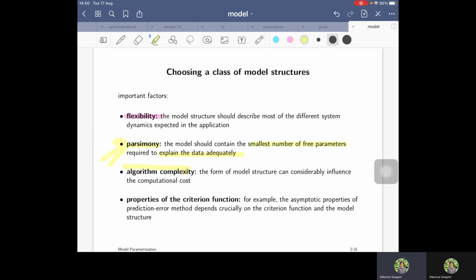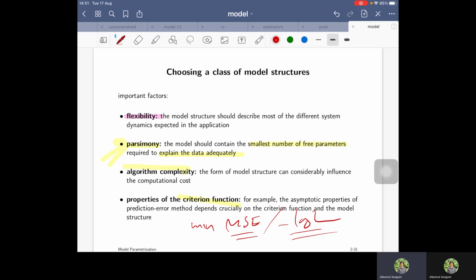When you choose the estimation method, that plays a big role in your estimation problem. The criterion function is where you examine whether your model is good enough. When you say it's good enough, it looks like you minimize something. You minimize MSE, right? You minimize the negative log likelihood.